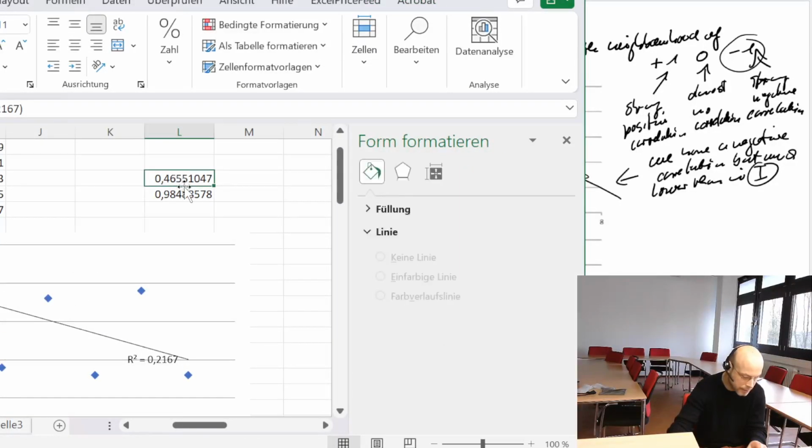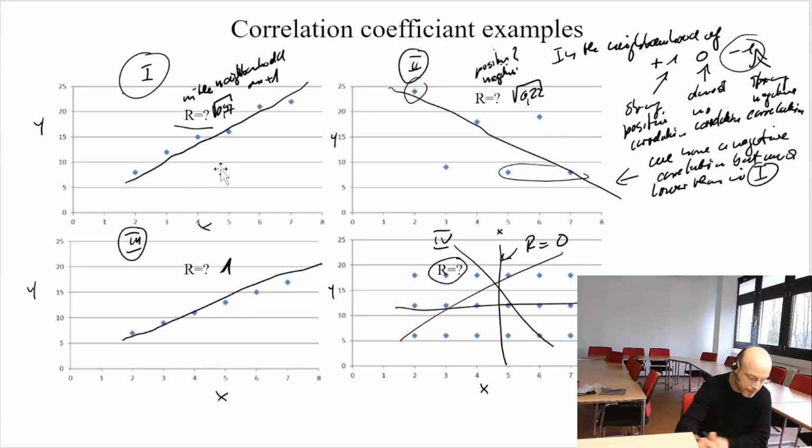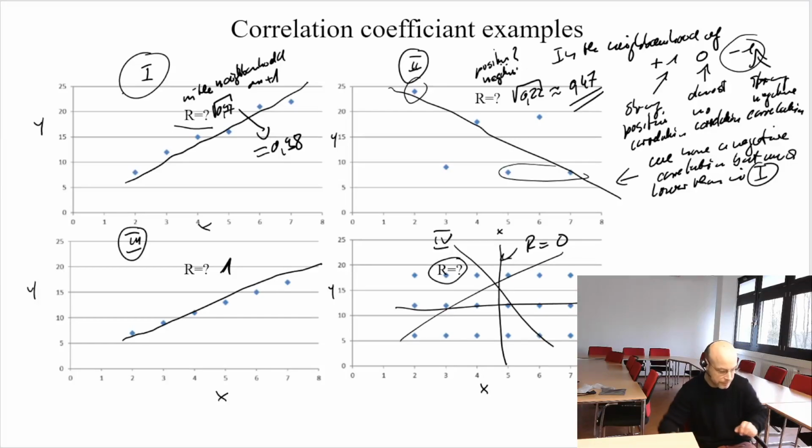I think this was there, 0.47 and 0.98. So this is right in the neighborhood of 1, and this was roughly 0.47.